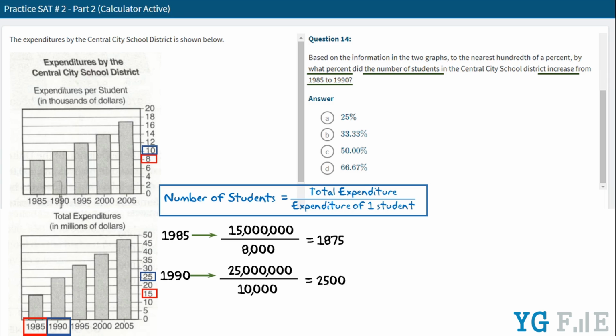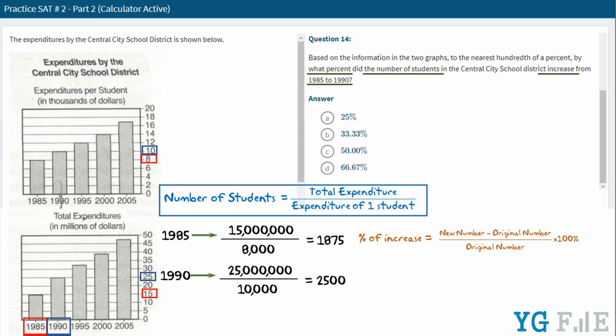Using these values, we can calculate the percentage of increase using the formula that we used in the first problem, which is the difference of the new number and the original number divided by the original number times 100%.